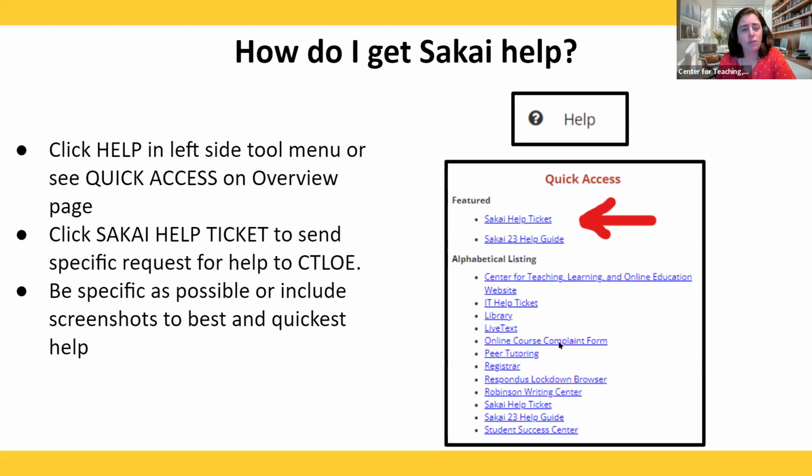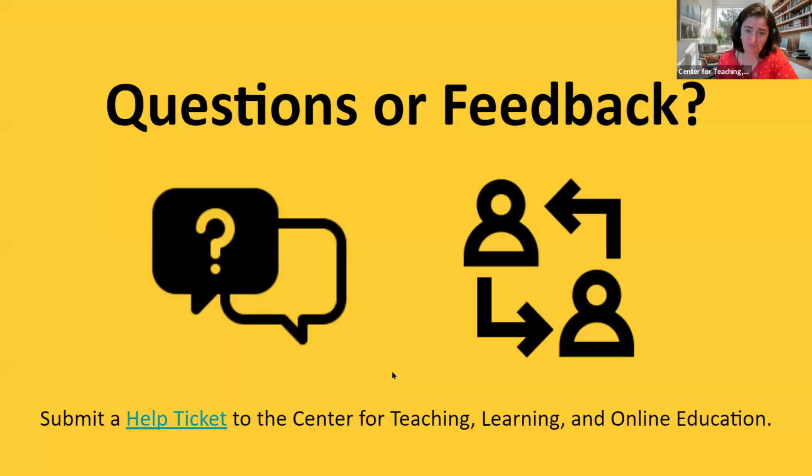If there's something wrong with the course you need help with, Live Text is now outside of Sakai if you're using that for data collection in your course, and possibly library resources, especially if you want to add an academic journal inside your course. We can do that with a link that goes right to the article without students having to go and find it on their own. So any of these things, we're happy to make a ticket and help you.